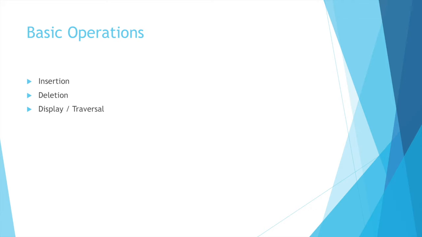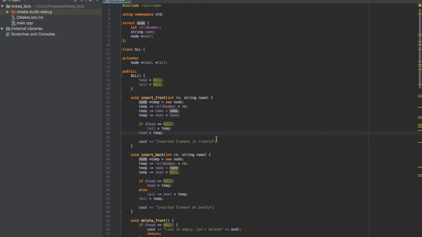So let me show you the basic structure that we're going to be following in the code as well. So this is where I've defined my node. I am assuming that my node is going to be collecting student data, so I've just included roll number and name. And this is for a singly linked list, so we just have one pointer.